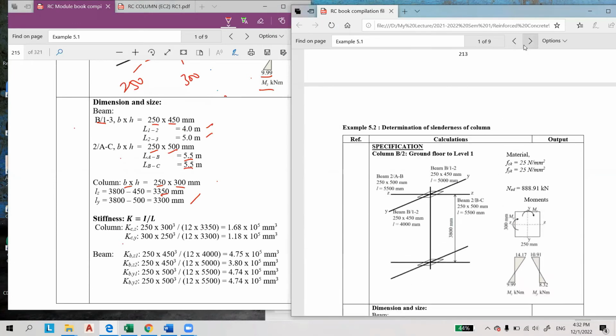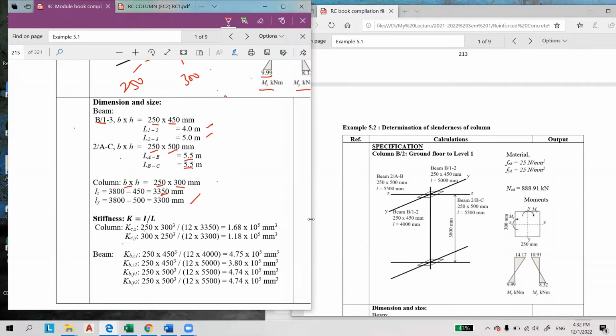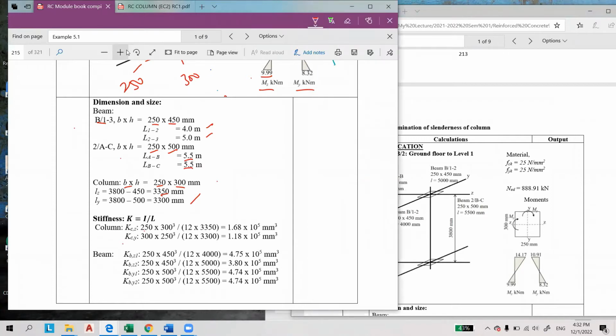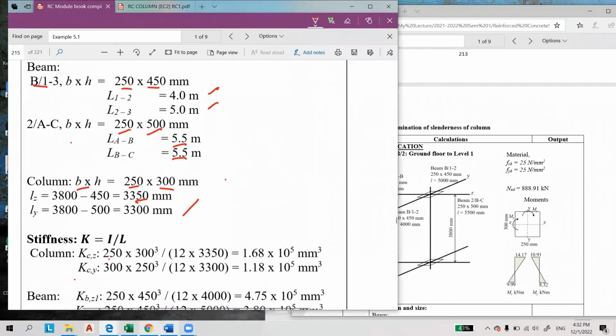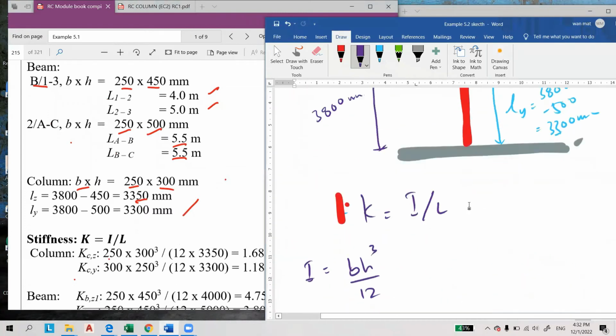This one Z direction, Z is 300, so you multiply to the power of 3. Rotate about the Z axis, so the KC is equal to 250, 250 is the B, H is 300. This calculation is simple.